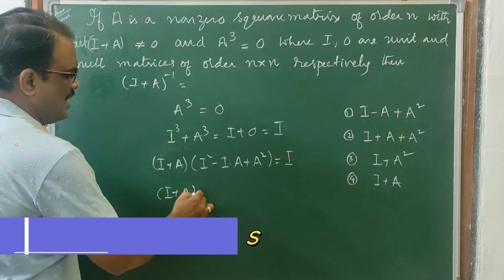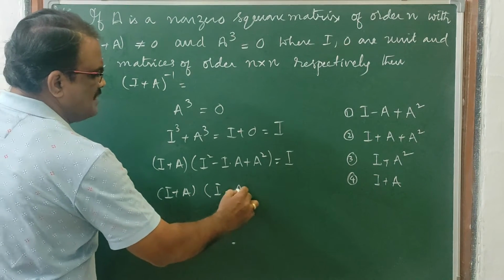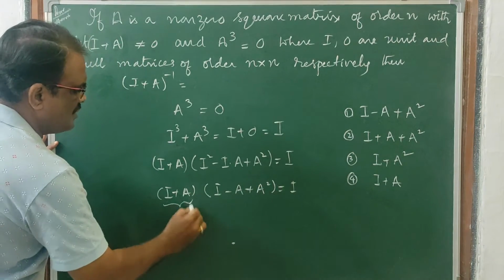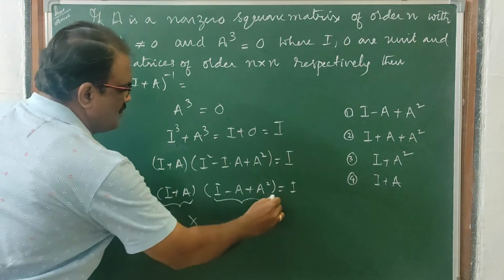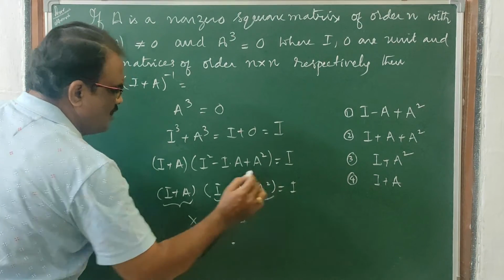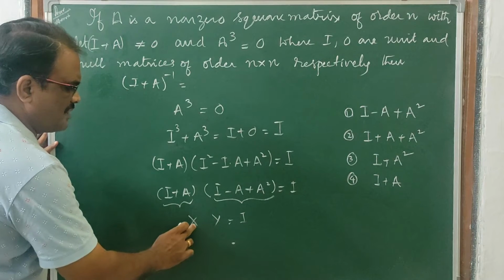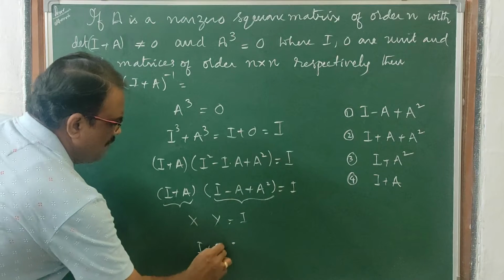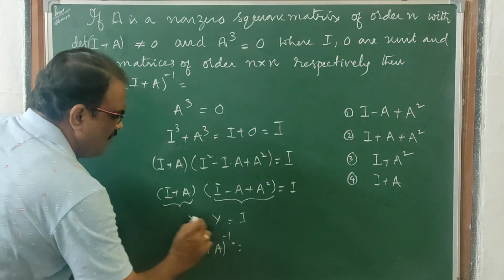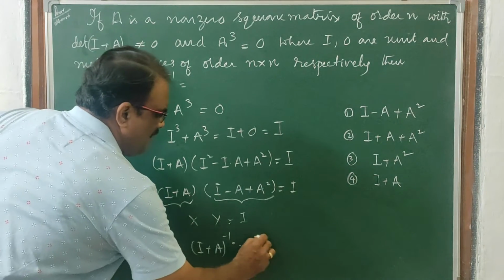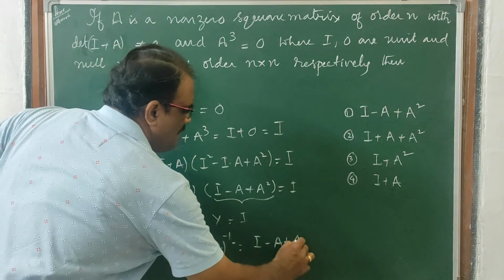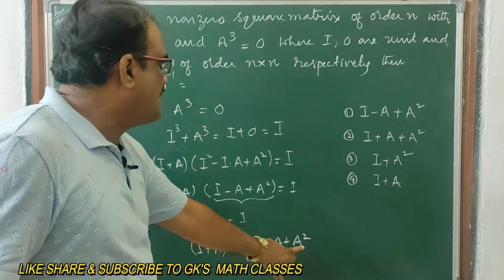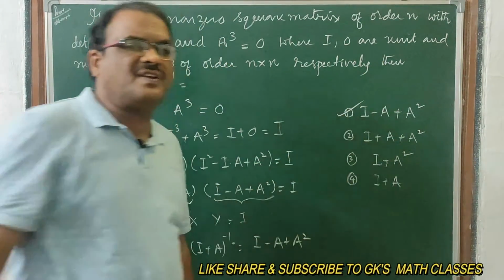I plus A into I minus A plus A square is equal to I. If you consider this is a matrix X and this is Y, XY is equal to I means Y is the inverse of X and X is the inverse of Y. So what is I plus A whole inverse? What is X inverse? This is I minus A plus A square. So I plus A whole inverse is I minus A plus A square. That is first choice.